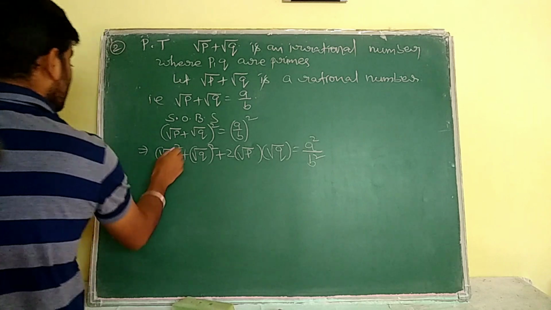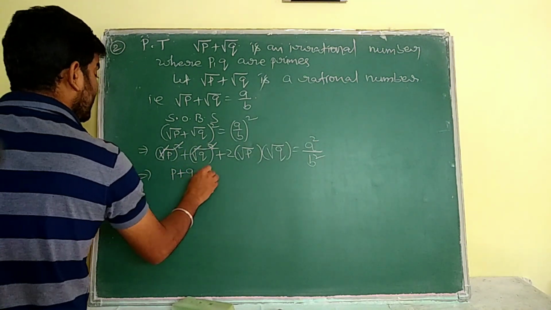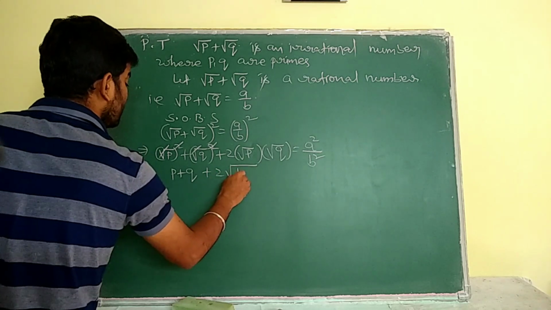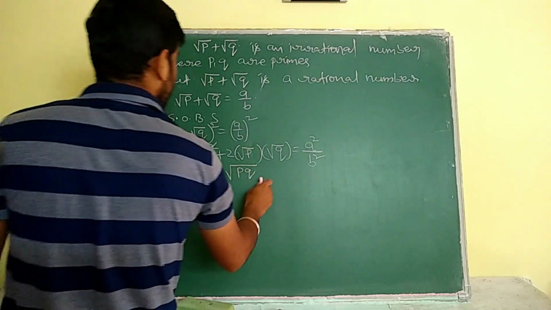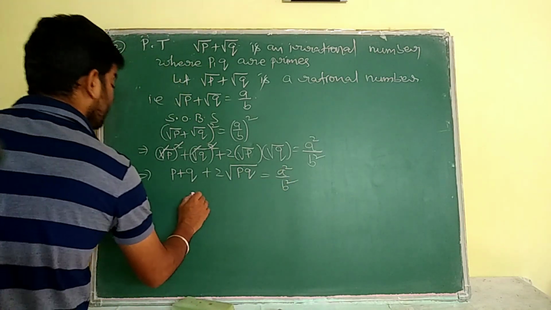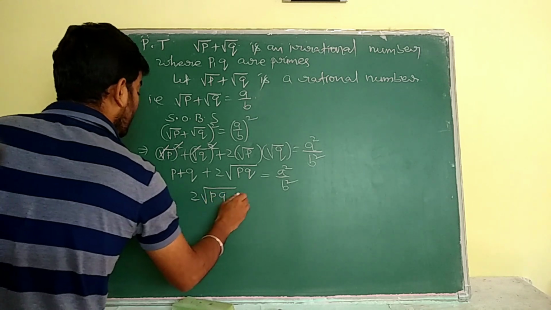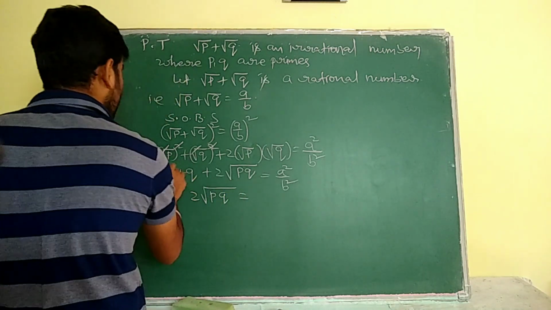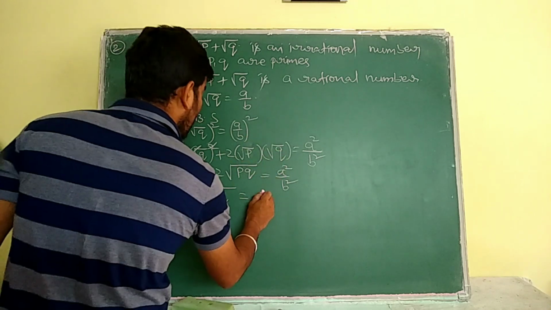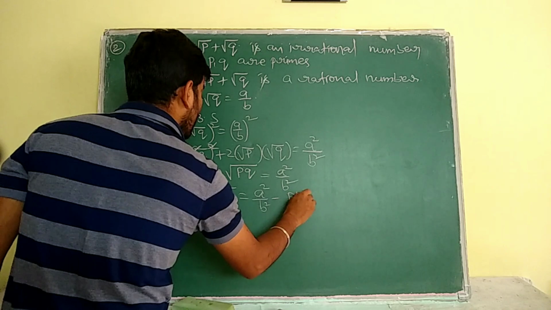So square and root will cancel. Here we are left with p plus q plus 2 root pq equal to a square by b square. So I'm going to write this 2 root pq on the left side and I will transfer this p plus q to the other side. So a square by b square minus p plus q.